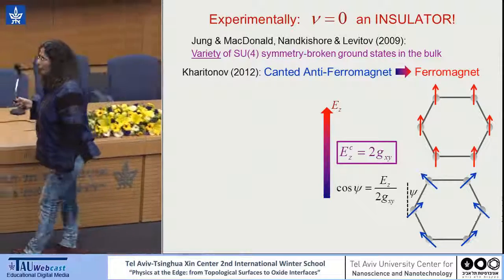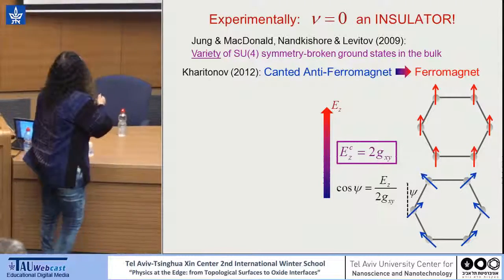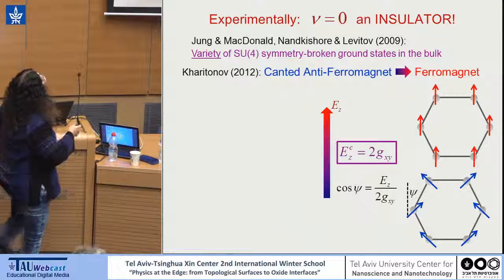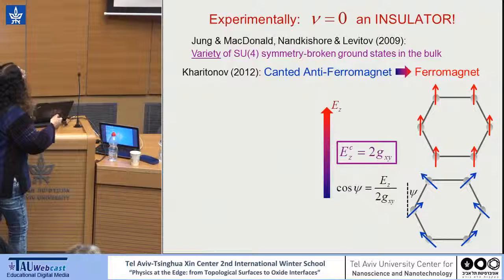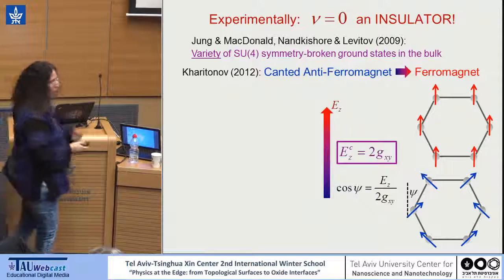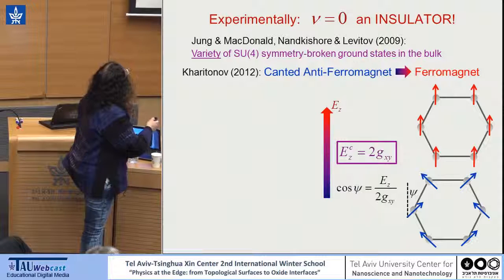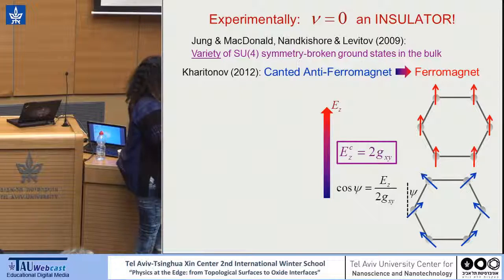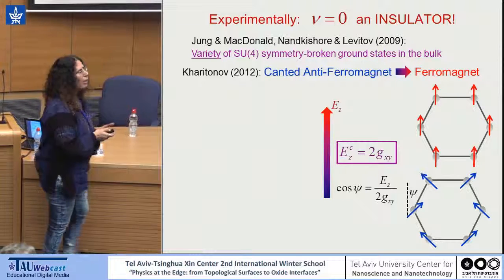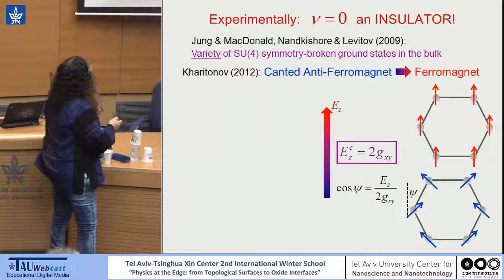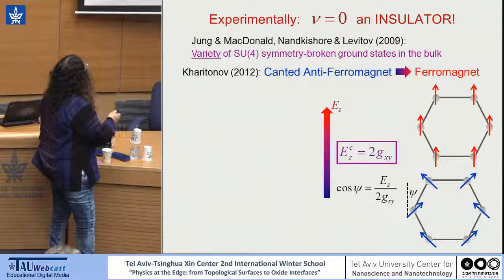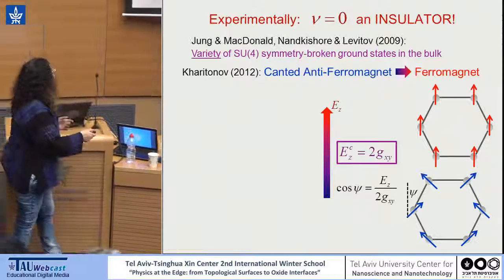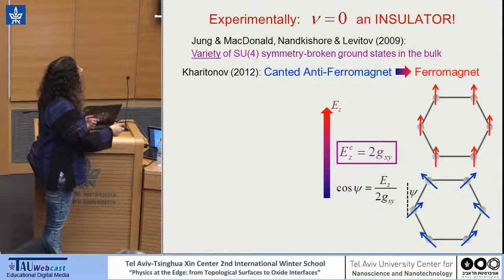In particular, there is a work by Maxim Kharitonov that predicted a rich phase diagram, and one of the phases that appears to be most consistent with realistic parameters is a phase that tends to be anti-ferromagnetic, not ferromagnetic, but because of the external field that induces a Zeeman energy, there is a slight canting, and the canting angle depends on the Zeeman energy.